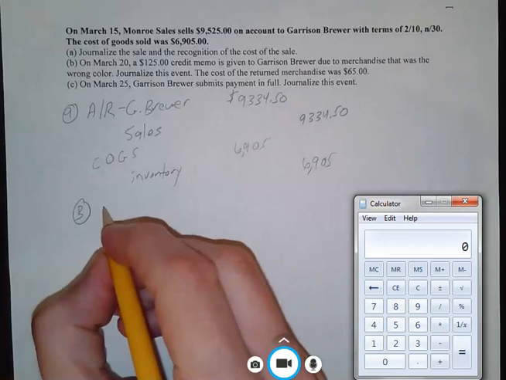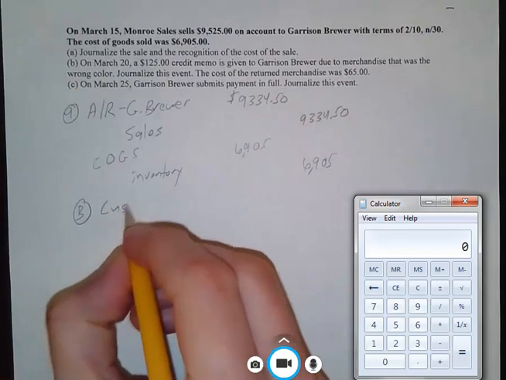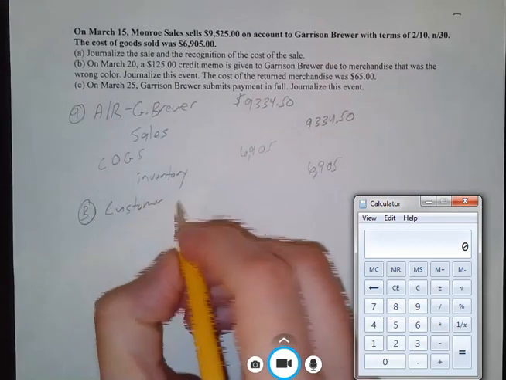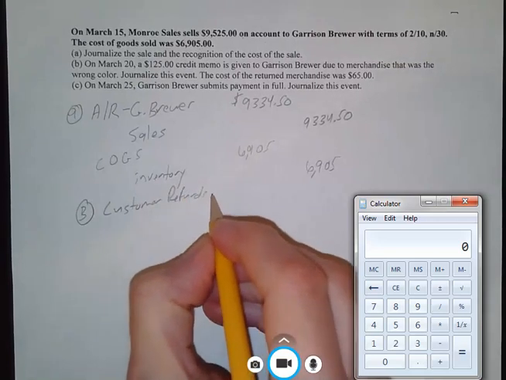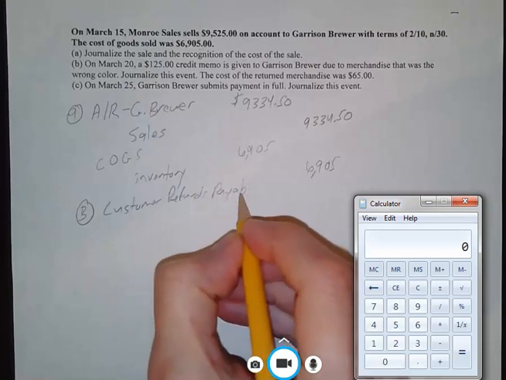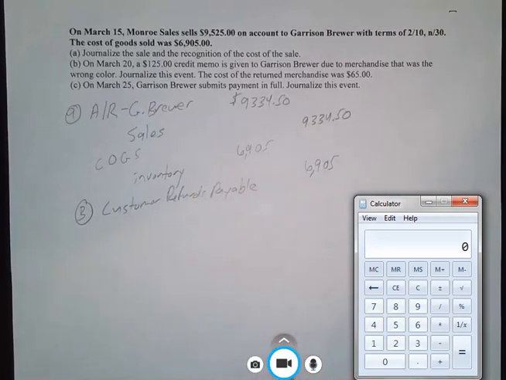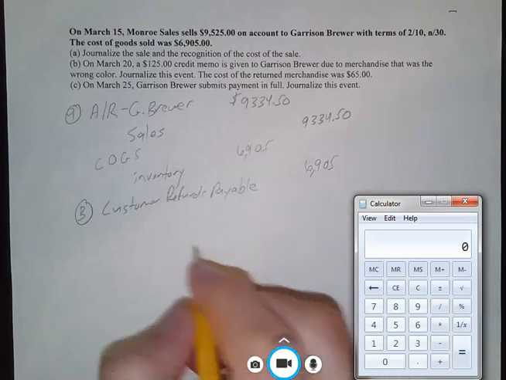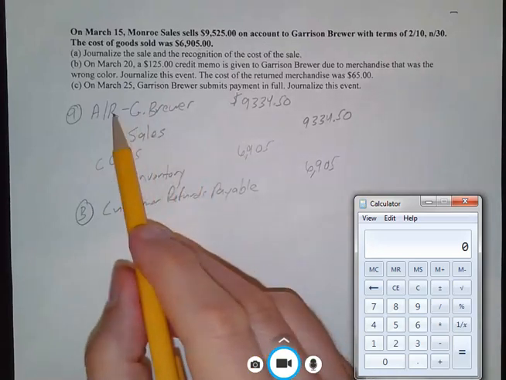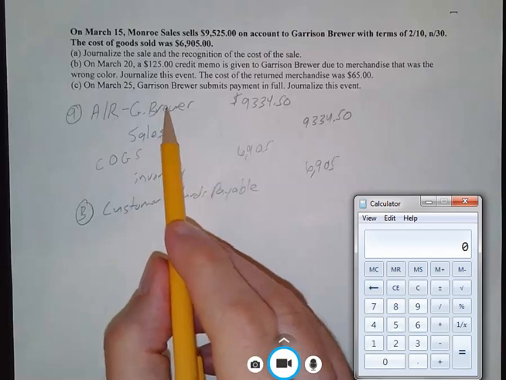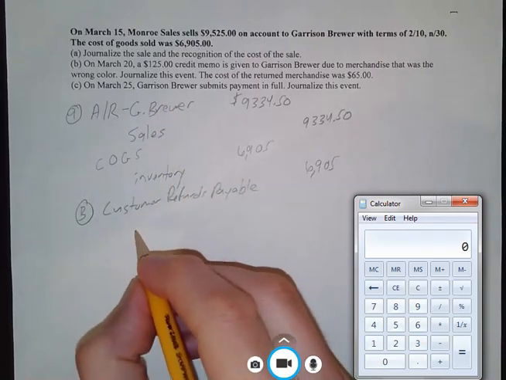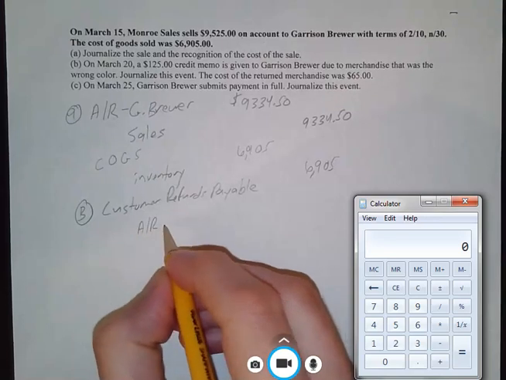So our debit, which reduces the liability that we set up, is customer refunds payable. We are forgiving part of the amount owed, so we have to reduce this accounts receivable because we're not going to be getting all of that money, since some of the merchandise was returned to us.